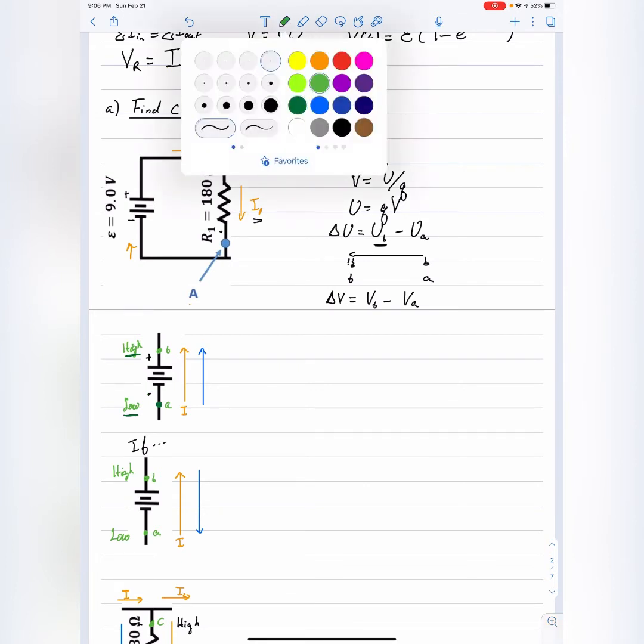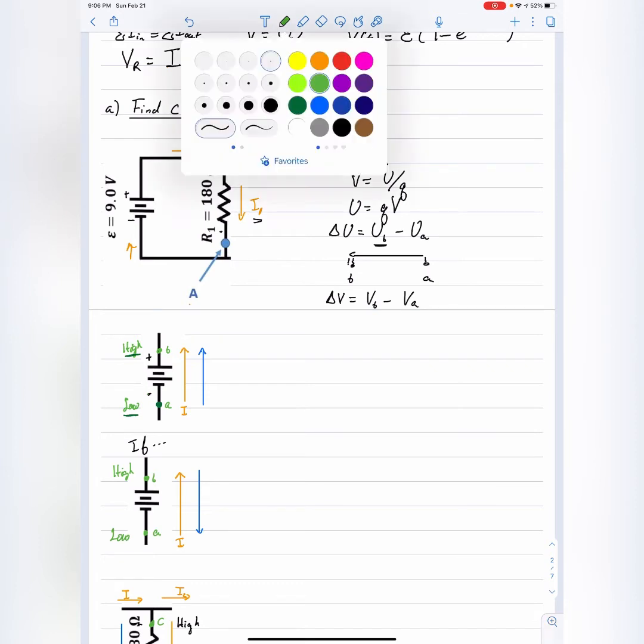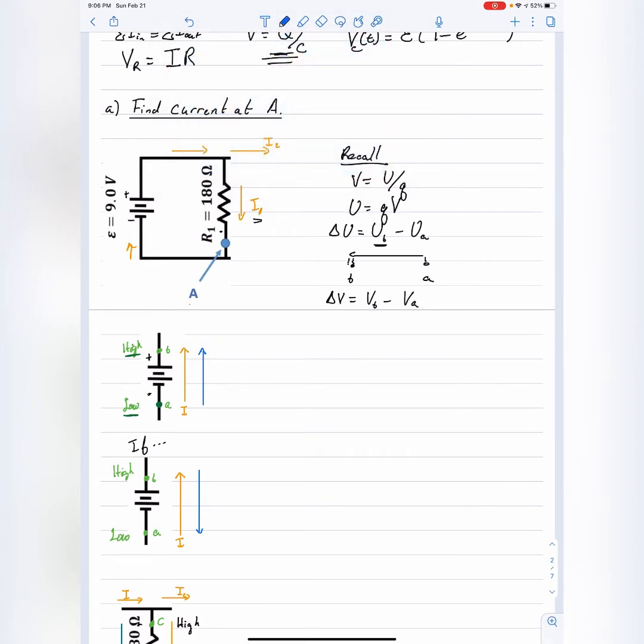So let's start writing this. If I am following Kirchhoff's loop rule, I'm over here, okay? I am deciding to go clockwise, and I am taking into consideration A. So this is loop 1, and this is my direction.